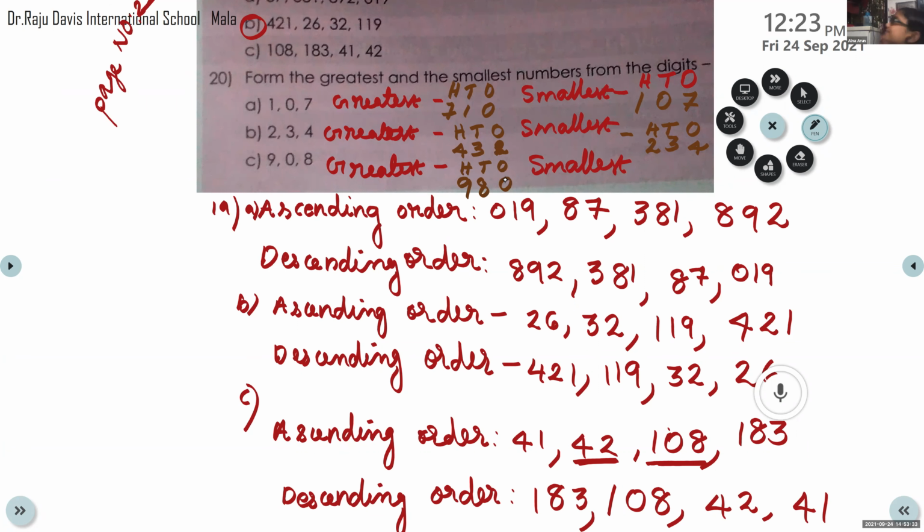Now, next question. Smallest number. To form the smallest number. Yes, Alvin. Please give me the answer. Hundreds place, 8. Yes, hundreds place.